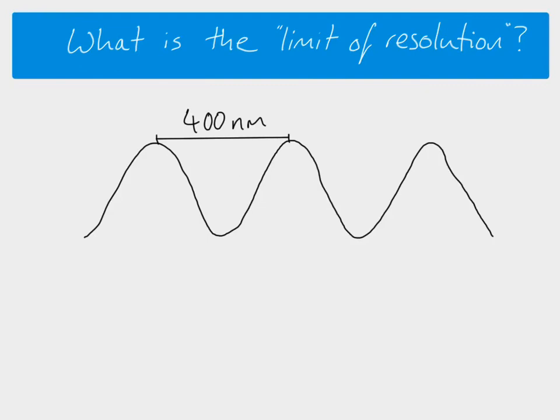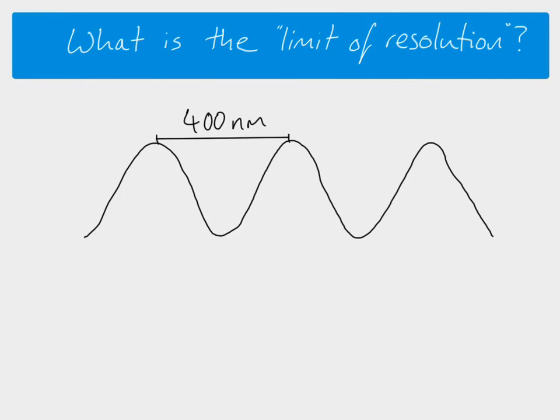When you're using a light microscope, the only way to be able to see something is if the light actually hits a particular point, and that point sort of interferes with the light wave, if you like.